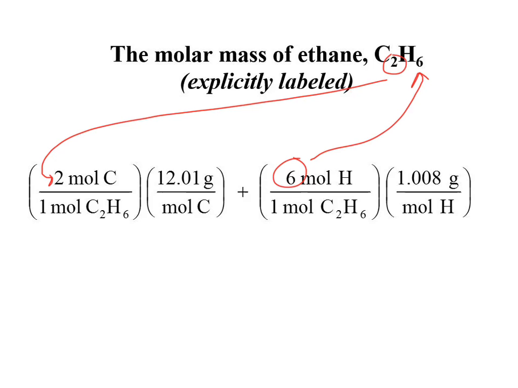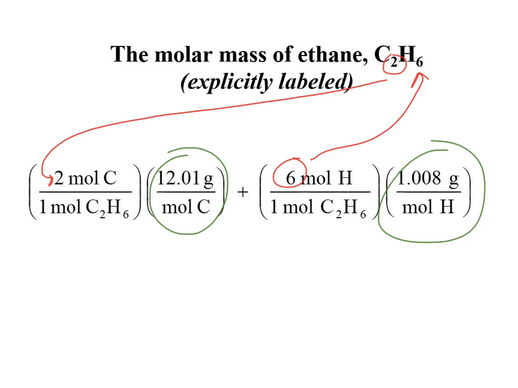We know from the periodic table the molar mass of carbon is 12.01 grams of carbon per 1 mole of carbon, and that's the decimal number for carbon. For hydrogen, the decimal number is 1.008, so there's 1.008 grams of hydrogen in 1 mole of hydrogen.